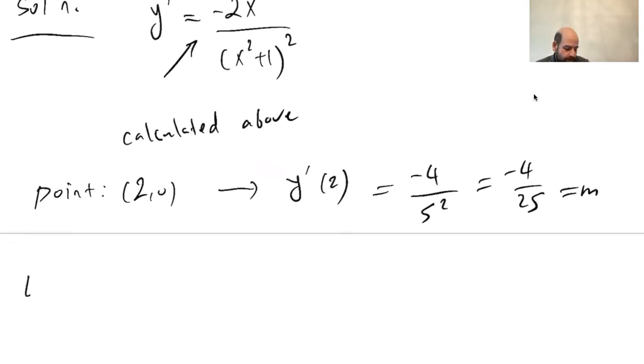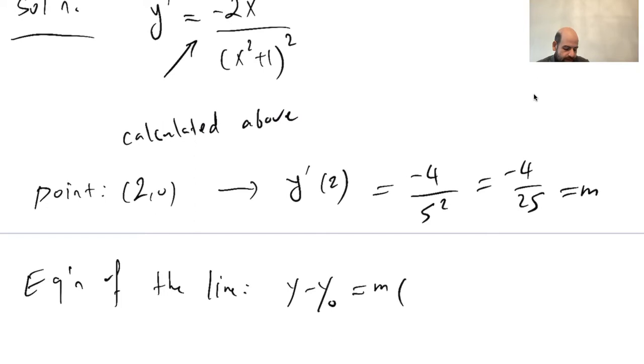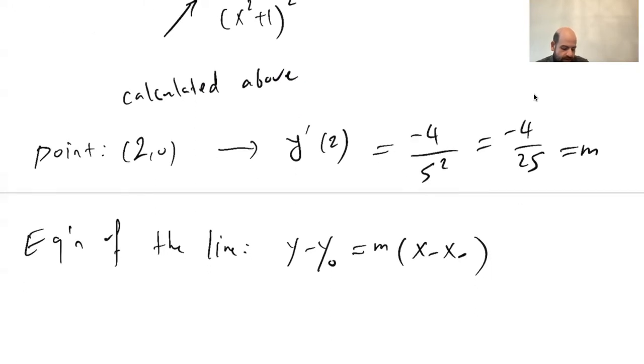And then the equation of the line. We know it's y minus y0 equals m times x minus x0. And x0, y0 is also given: y minus 0 equals m, which is minus 4 over 25, times x minus 2.